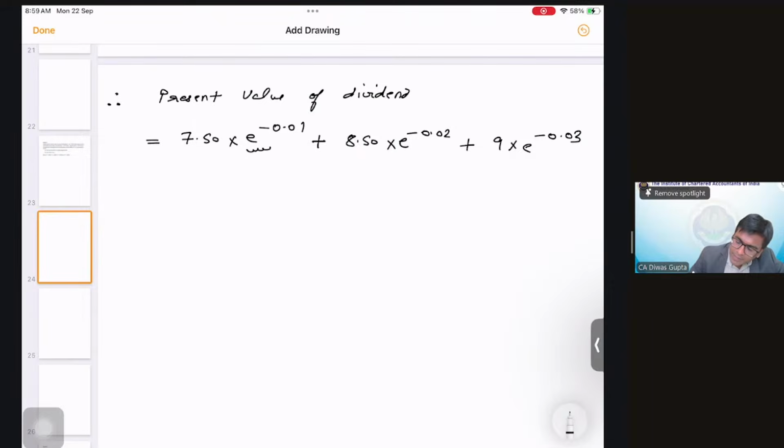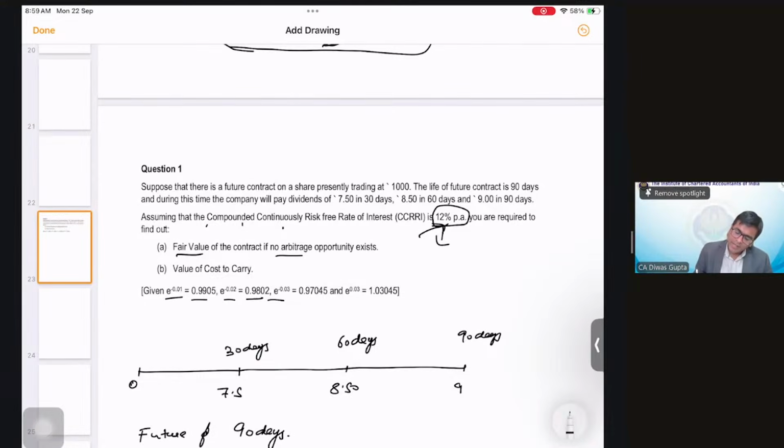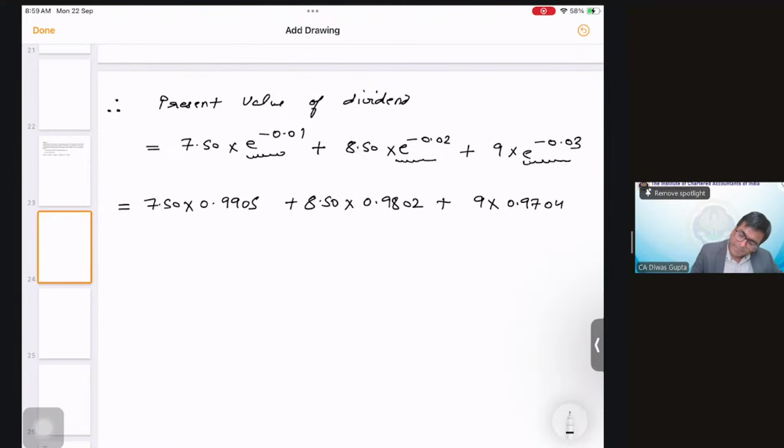Now these values are given in the question, right? Yes, sir. So we can make use of them: 0.9905, 0.9802, 0.97045. Okay, so this will become 7.50 into 0.9905 plus 8.5 into 0.9802 plus 9 into 0.97045.